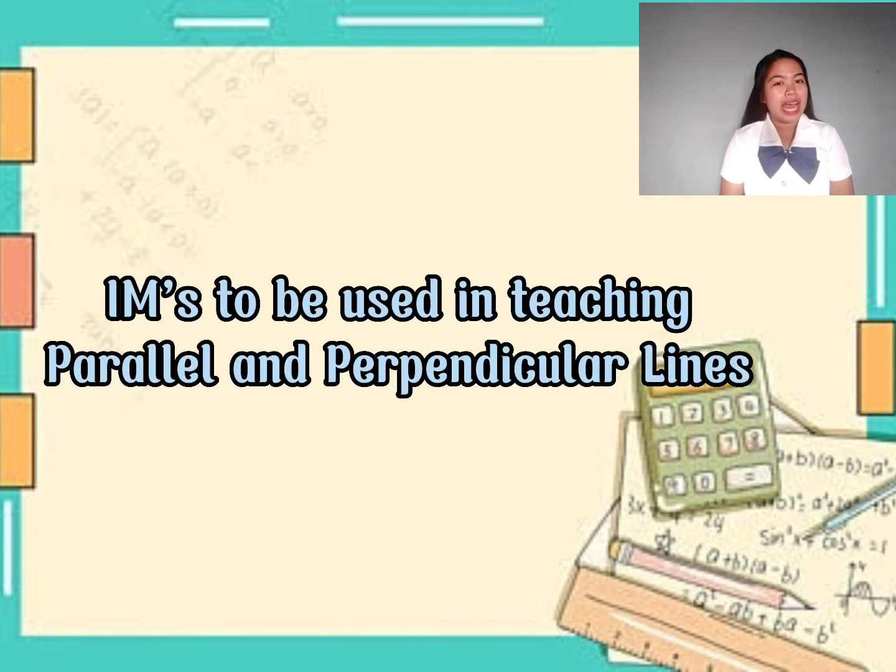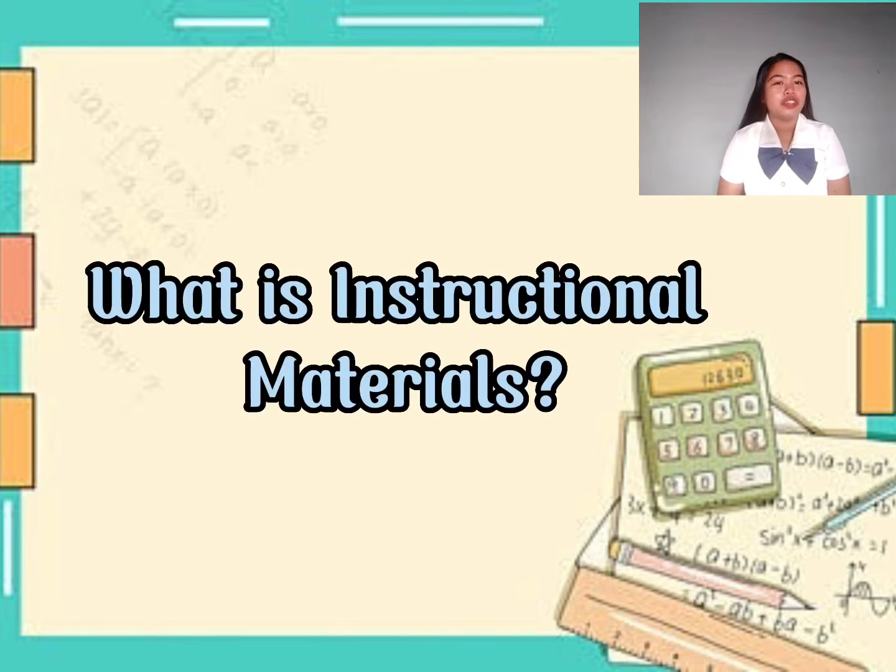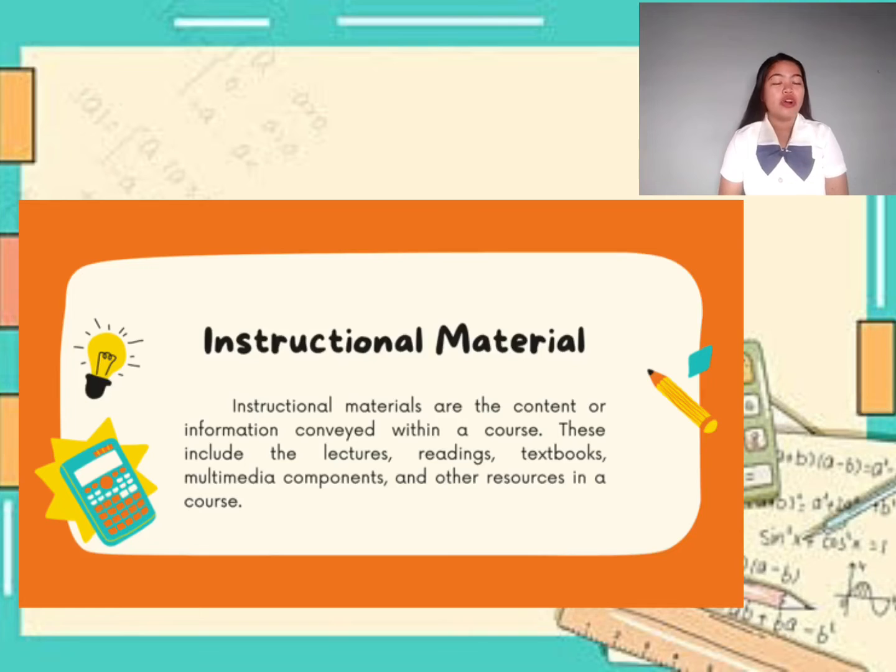Let us now look at the instructional materials utilized to teach parallel and perpendicular lines. First, let us define instructional material. Instructional materials are the content or information conveyed within a course. This includes the lectures, readings, textbooks, multimedia components, and other resources in a course.